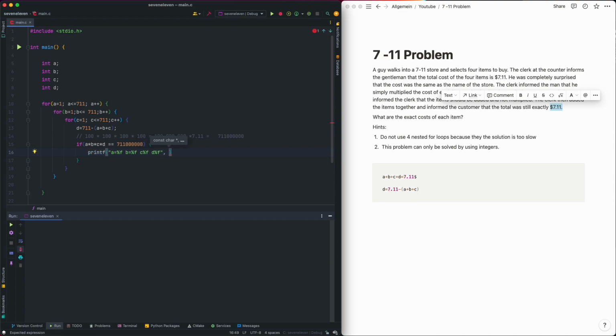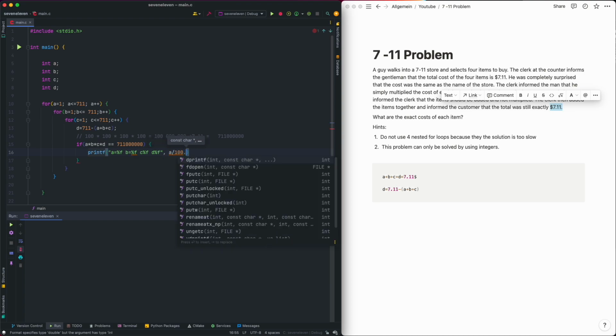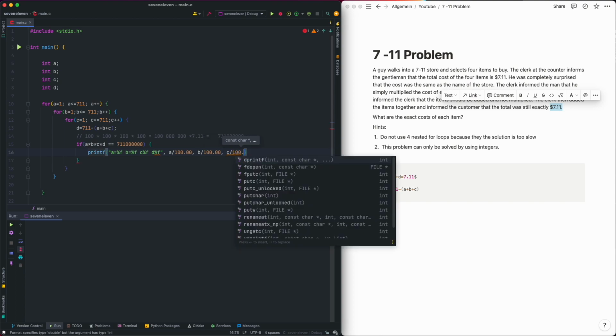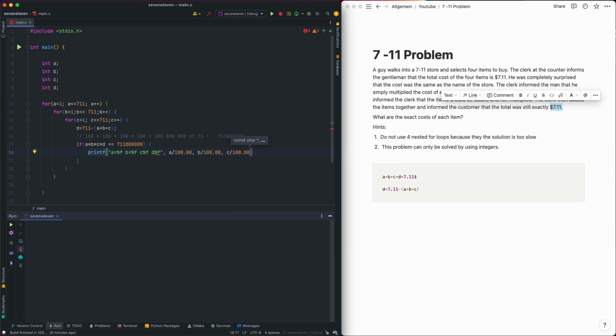And how do we convert it back to cents? We just say a divided by 100 times 0, so it will be float, b divided by 100 times 0, c divided by 100 times 0, and d divided by 100 times 0, and this should be the solution.